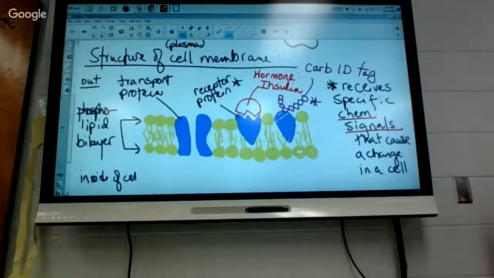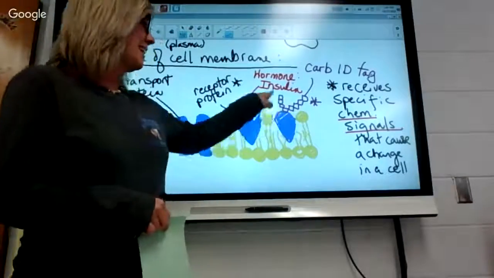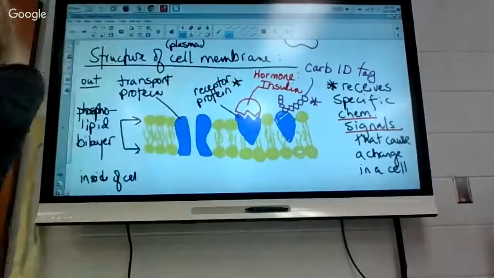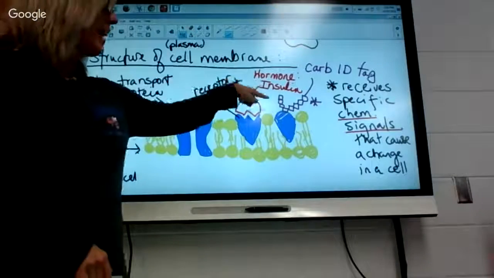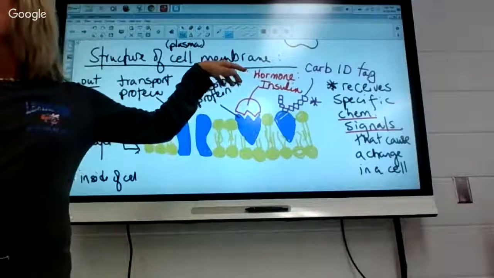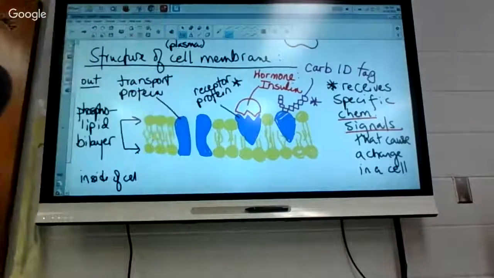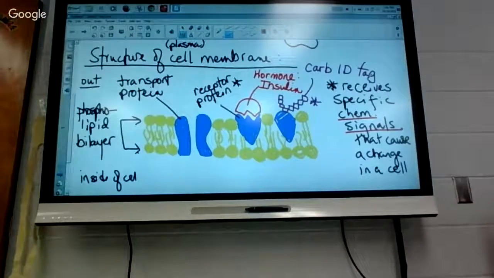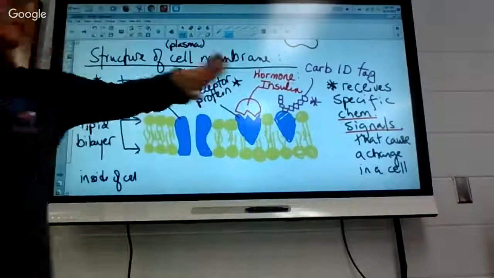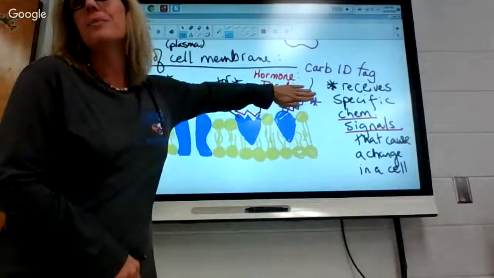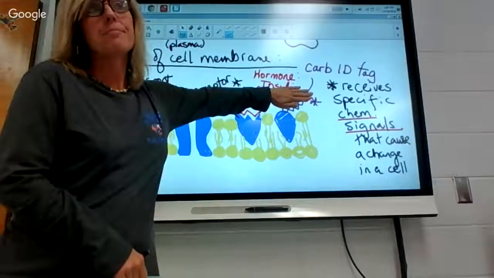So what's interesting is these ID tags, even though she's a close match, Selena Gomez and any other person who's received a foreign organ or part in their body have to take anti-rejection drugs because your immune system is still like, oh no, that is not your organ. Those aren't your ID tags. So what that drug does is it says, okay, ignore that. And your body doesn't reject it.